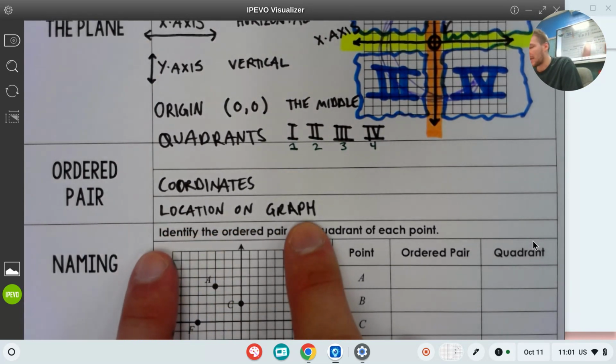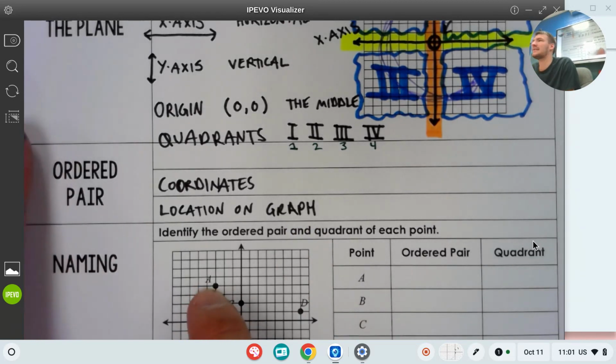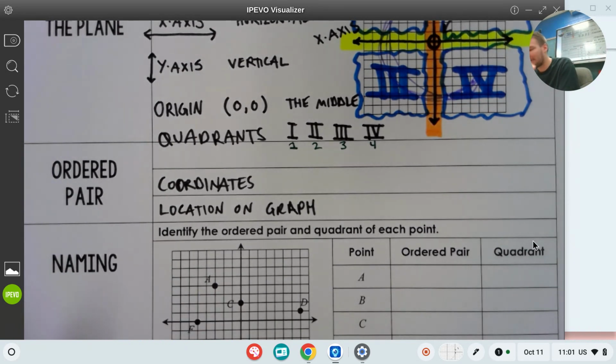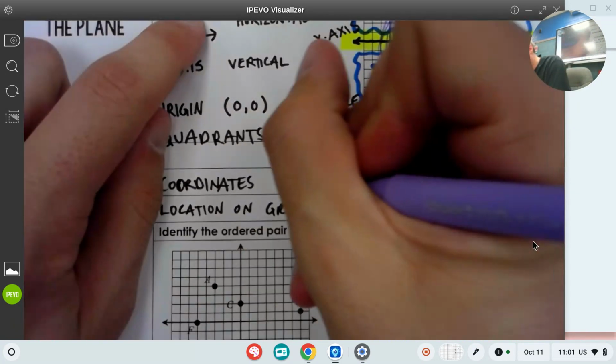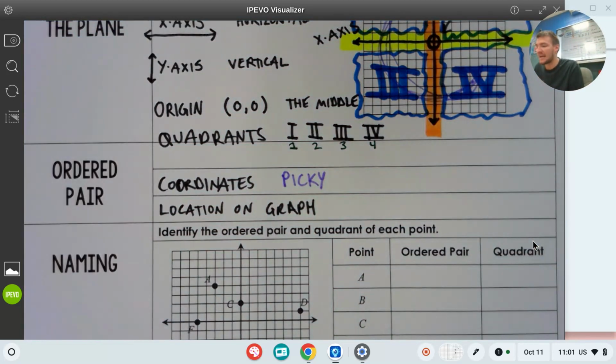Now, if I wanted to talk very specifically about the letter A, I can't just say quadrant 2. Even though A is in quadrant 2, I want to be very specific, all right? So ordered pairs are very picky. Ordered pairs have to be perfect or else you get them wrong.